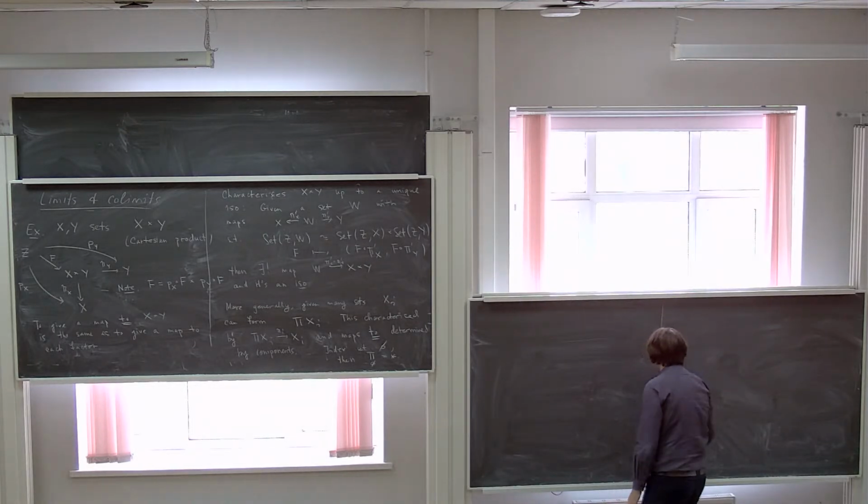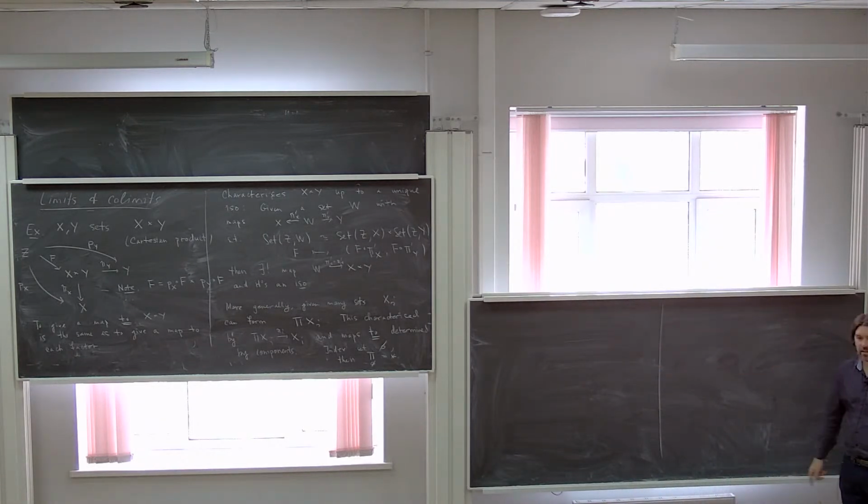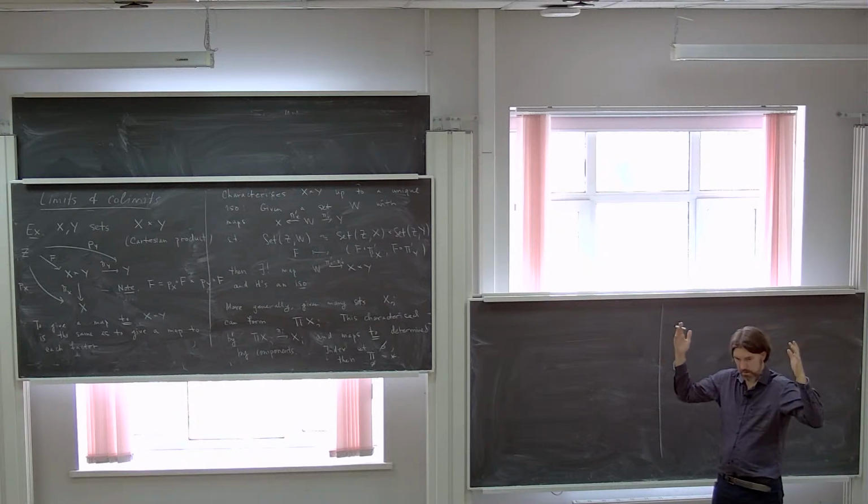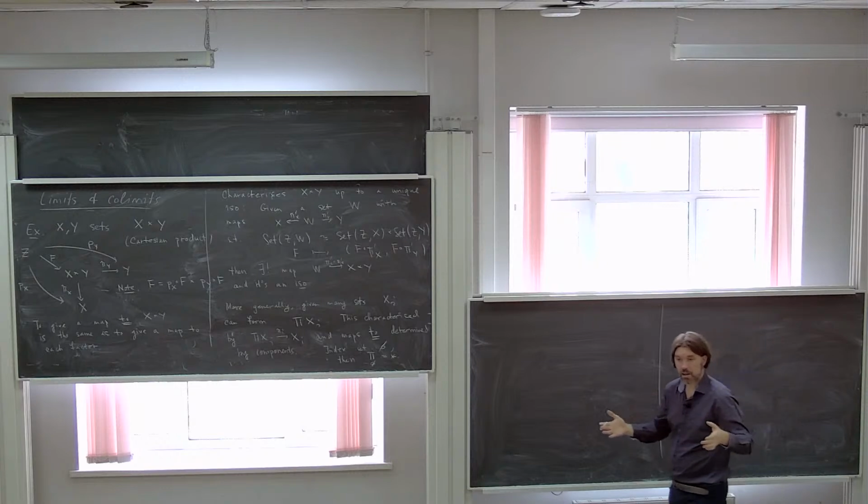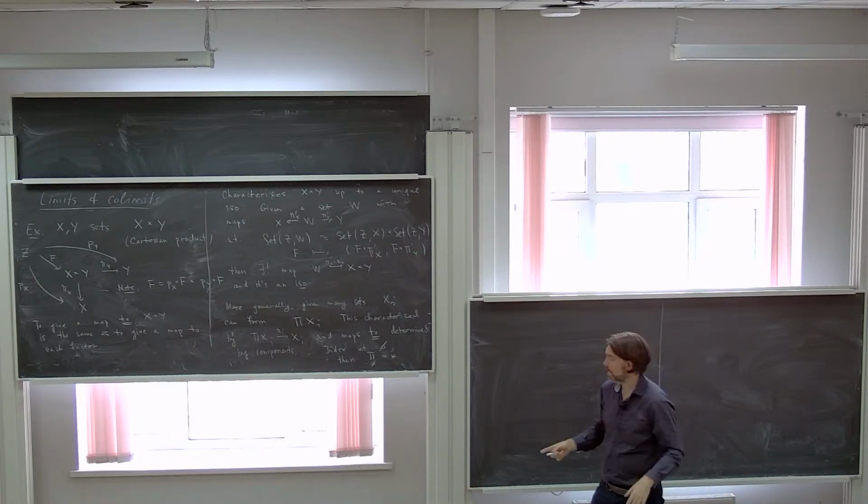Okay, and you can do something similar in the category of topological spaces. You should remember from topology that if you have two topological spaces, you can form their product. There are many topologies you might put on it, but there's one called the product topology. And why is it the good topology?